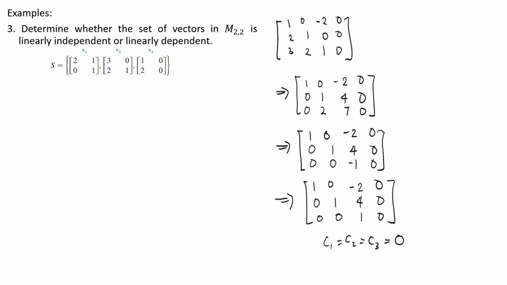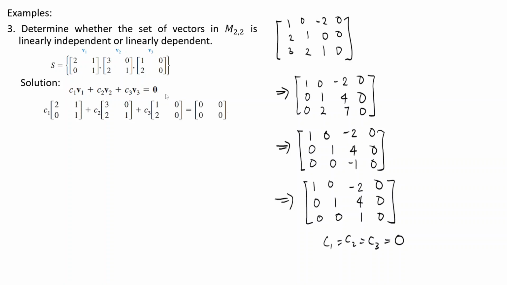Determine whether the set of vectors in M sub 2,2, the 2 by 2 matrices, is linearly independent or linearly dependent. So we have the set S here. We just follow the same pattern of solution. We find c sub 1, c sub 2, and c sub 3 such that we have this equal to 0.